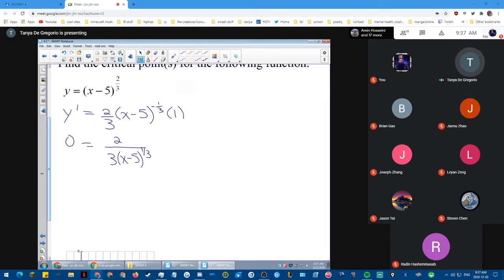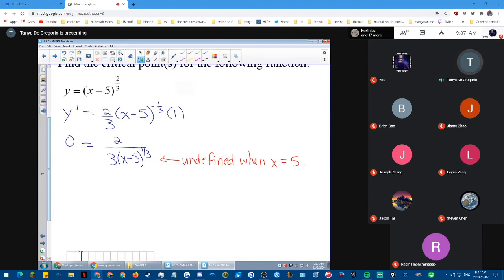However, what you should notice is that there is a point where this function is undefined. And this function is undefined when x is equal to 5. Yeah, it's undefined when x is equal to 5. Does that mean that I have a vertical asymptote there?